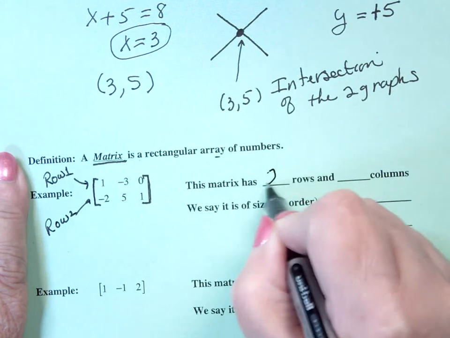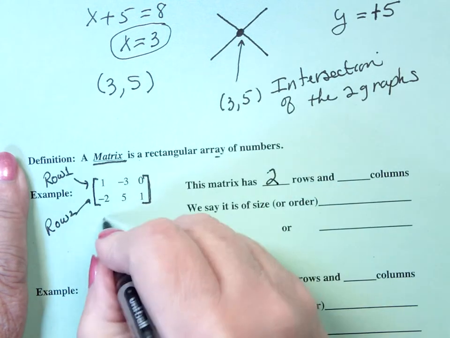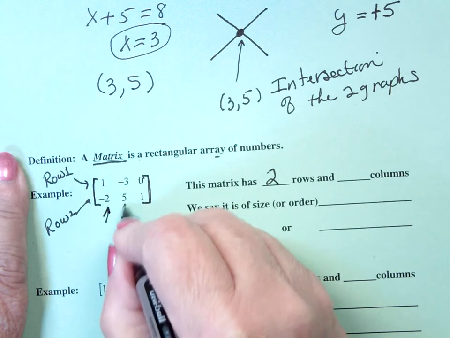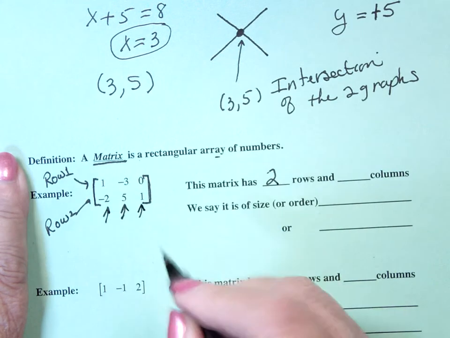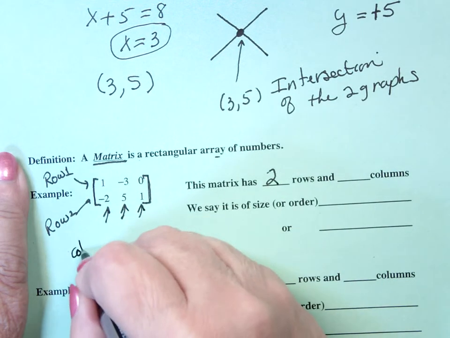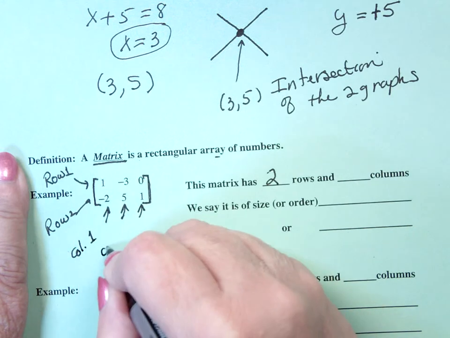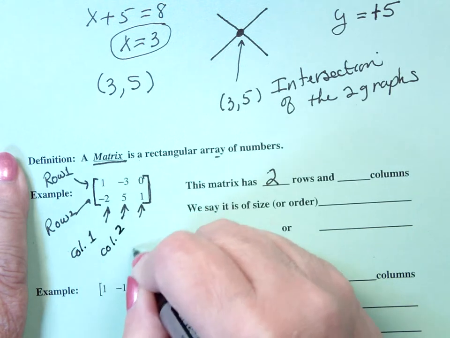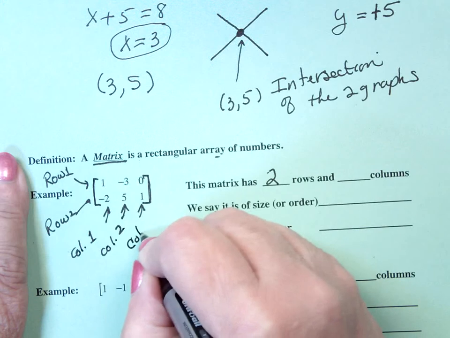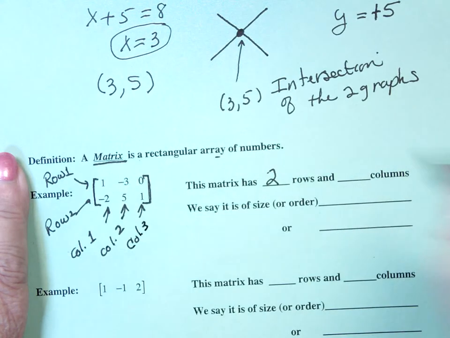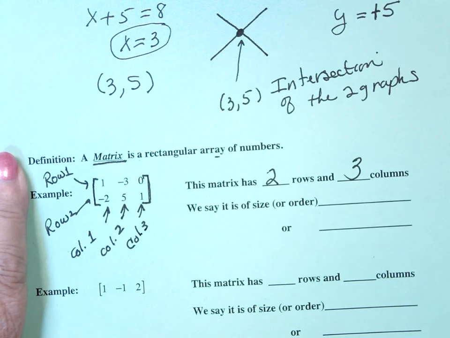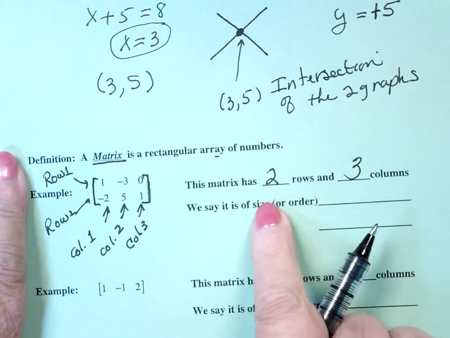It has 2 rows, and it has 3 columns: column 1, column 2, column 3. And that's an important thing to know as we begin to transfer all of this to the calculator. So it has 2 rows and 3 columns.